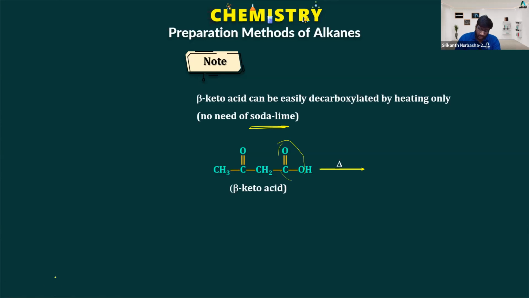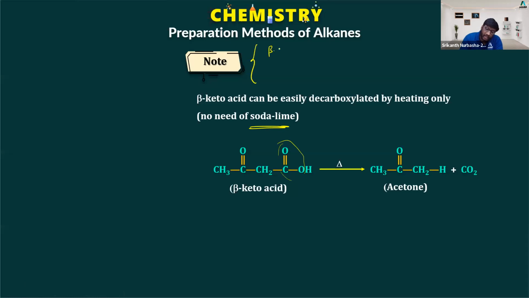What was the reason for this? A beta keto acid will undergo decarboxylation by simple heating. There is no requirement for soda lime, because beta keto acids undergo decarboxylation through a 6-membered cyclic transition state.